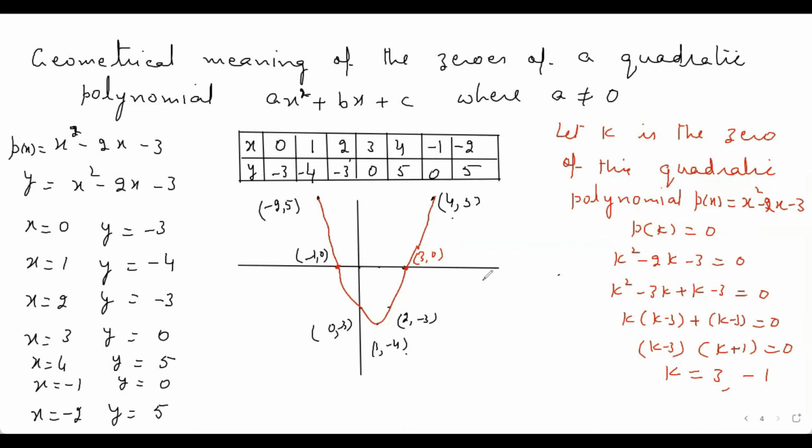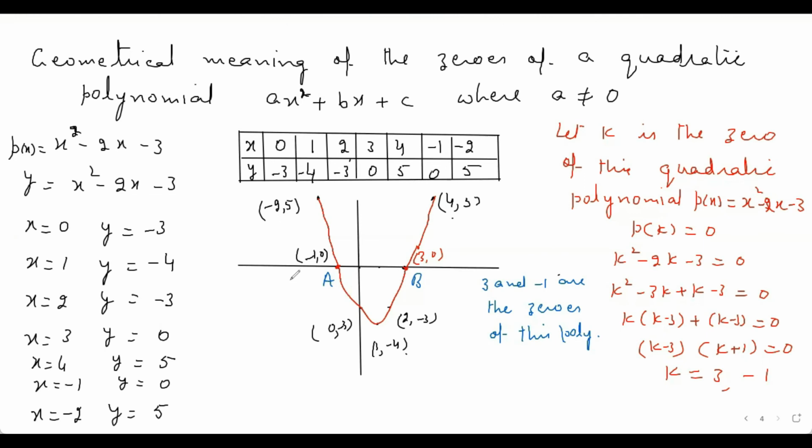Let me write it here. 3 and minus 1 are the zeros of this polynomial, and minus 1 and 3 are the x coordinates of these 2 points A and B, where the graph of this polynomial intersects the x-axis.